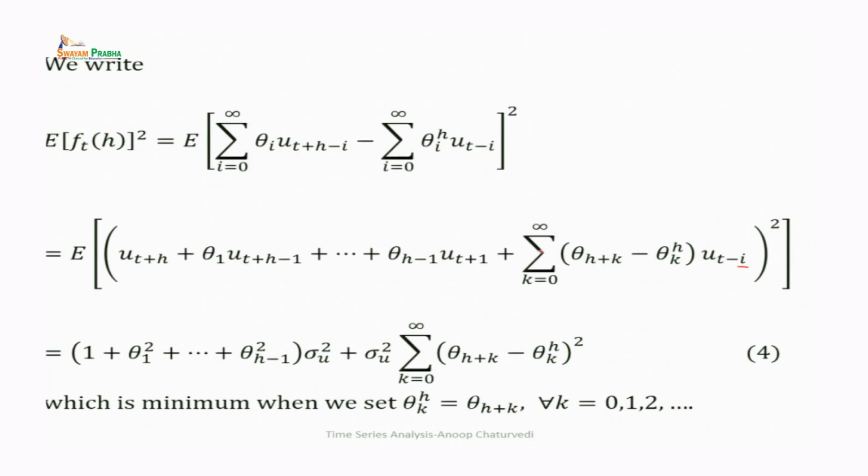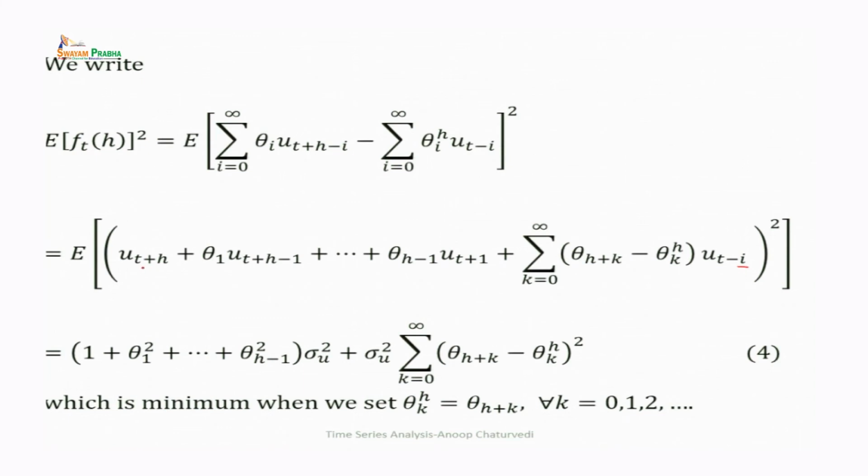Similarly, for k equal to 1, you get theta h plus 1 minus theta 1 h u t minus 1 here, and this term you get by combining the terms for i equal to h plus 1 and i equal to 1, and so on. So, finally, you get this expression, and then we take a square of this and then expectation.